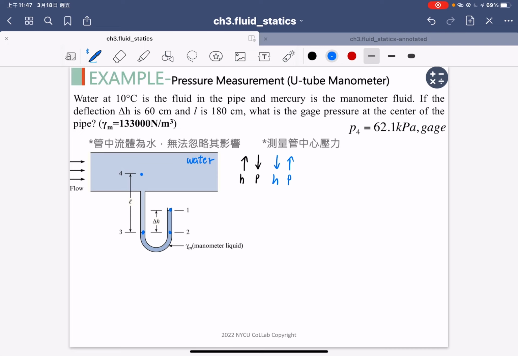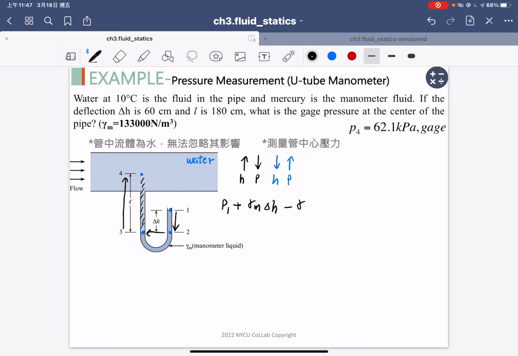So I start from P1, because it's going downward, the pressure increases. So I plus the gamma mercury delta H, and I go to the left hand side. They are located at the same elevation, so P3 is equal to P2. And then I rise the L length. The length increases, so the pressure decreases, so I use the minus, but right now the liquid is the water.